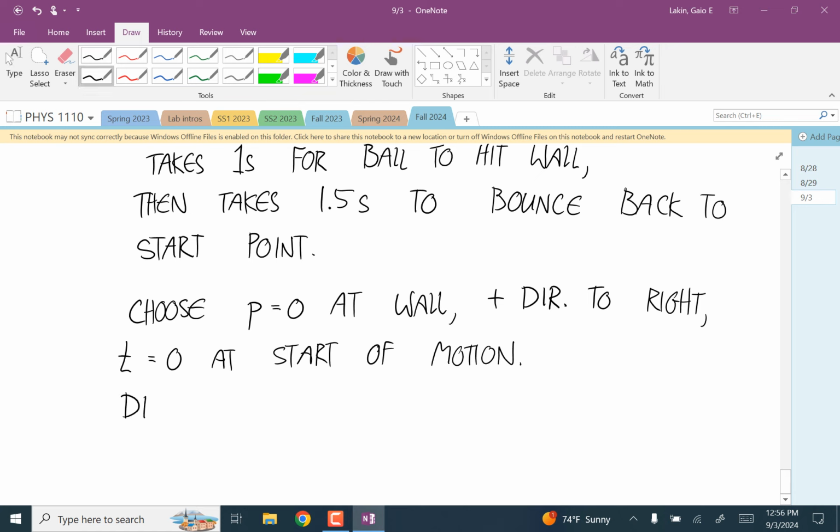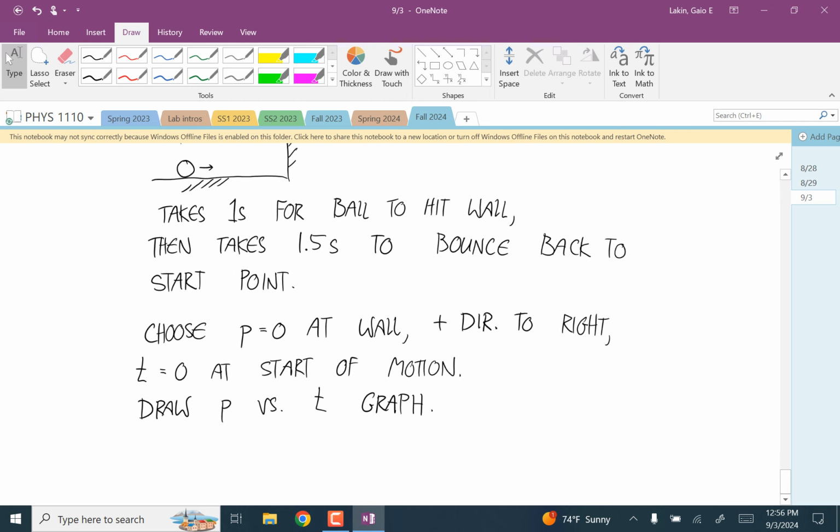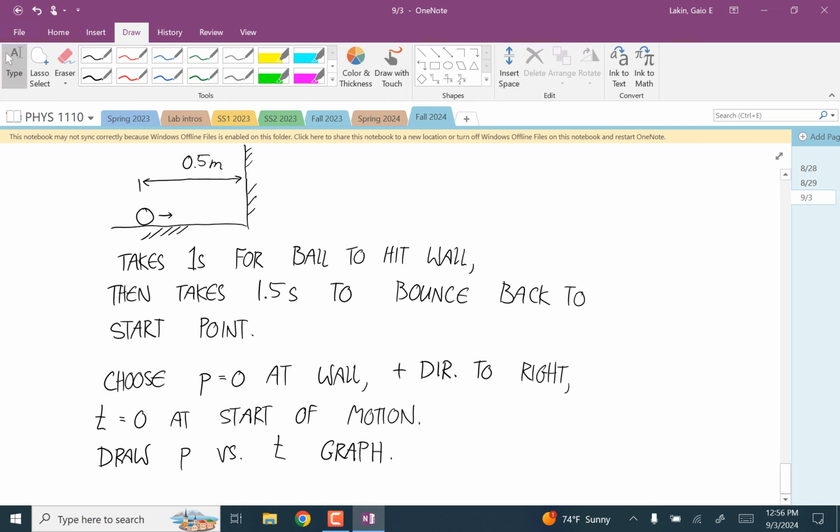And draw a position versus time graph. Okay, so take a few minutes and see if you can work through.